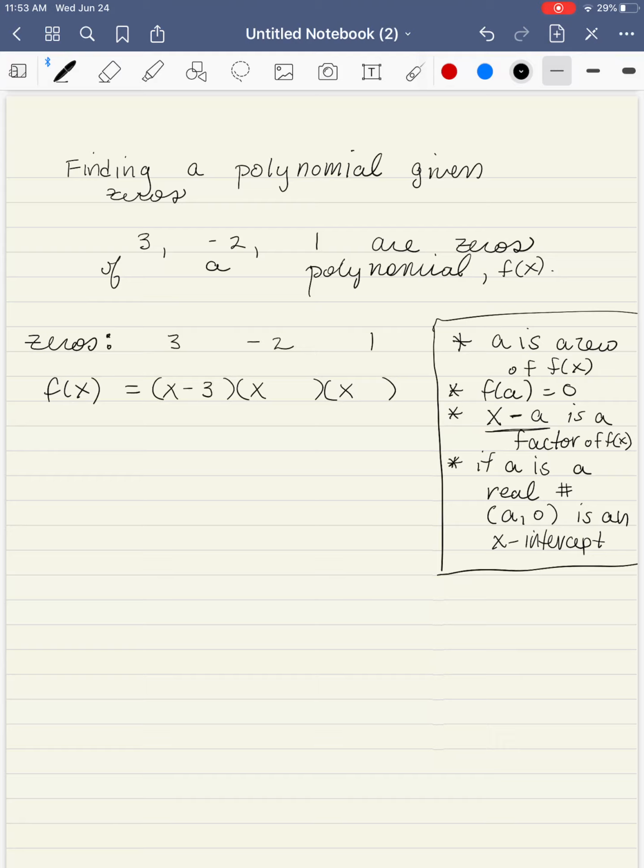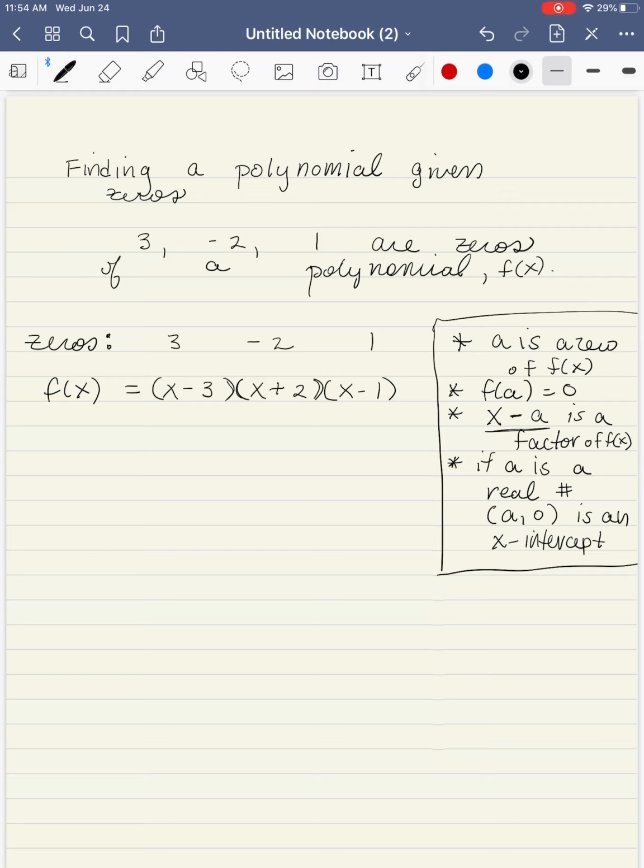See if you can fill the rest of those in. And so I have x minus 3, x minus -2, which is x plus 2, and x minus 1. So if I just want to leave my polynomial as a factored polynomial, then I'm done. I have found the polynomial.